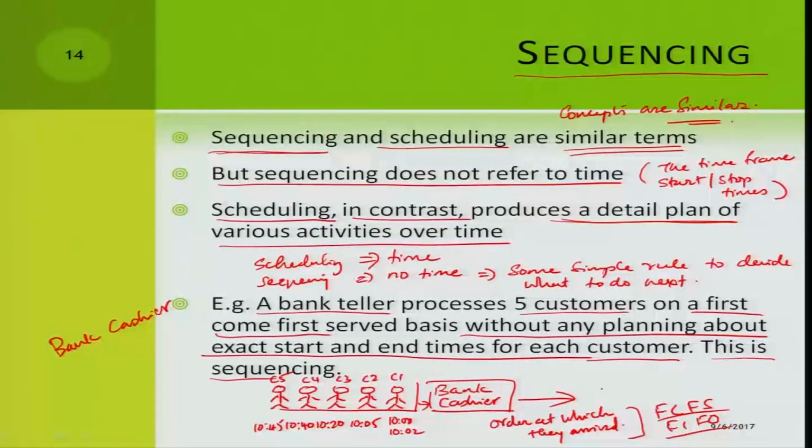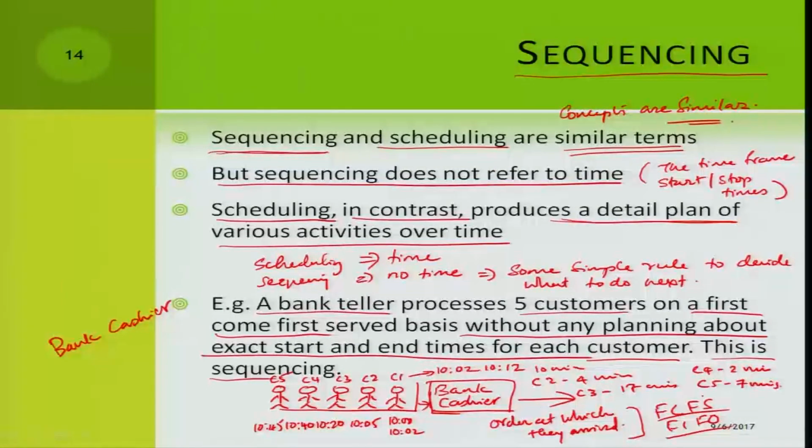You can see that this customer is processed first. Once the processing is over, you can say this customer was processed from 10:02 to 10:12. So, customer 1 took 10 minutes to process, customer 2 took 4 minutes, customer 3 took 17 minutes, customer 4 took 2 minutes, and customer 5 took 7 minutes. Each customer can take a different time, but the order in which they were processed is the order in which they arrived into the system.